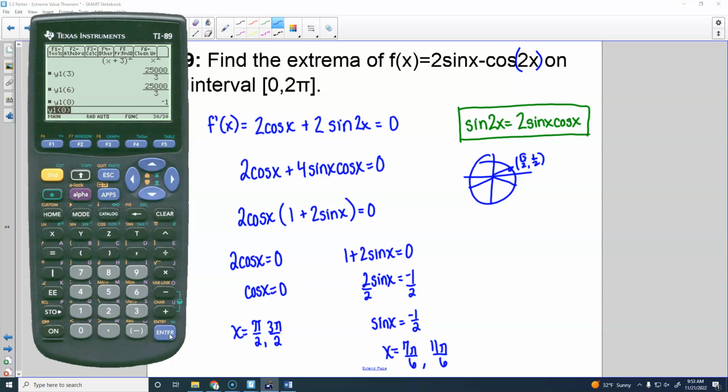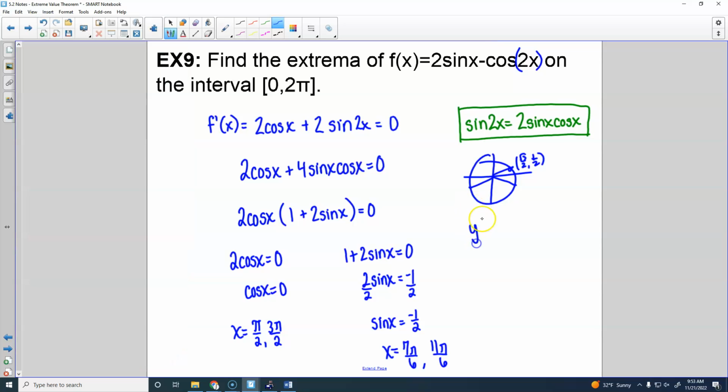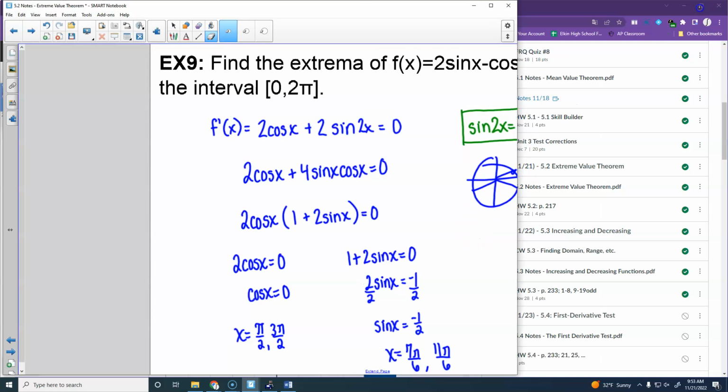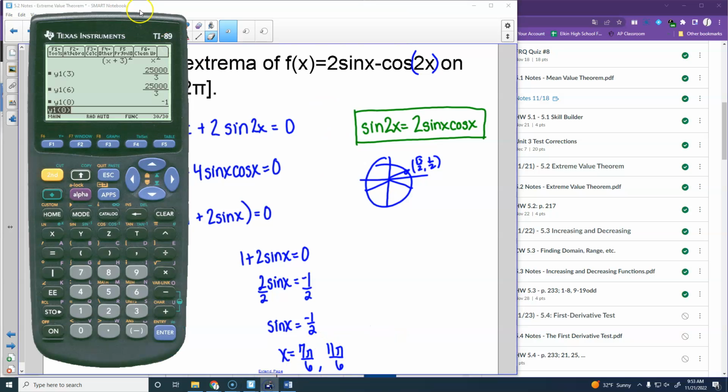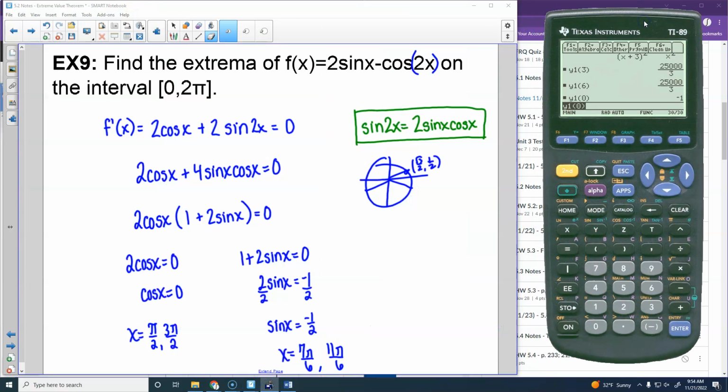And that is going to be -1. So I can write that down. Actually, don't use calculator notation. You don't want to put y1 of 0 right there. I was about to write that. Don't do that. You want to use the function notation they gave you. So f of 0 equals -1.